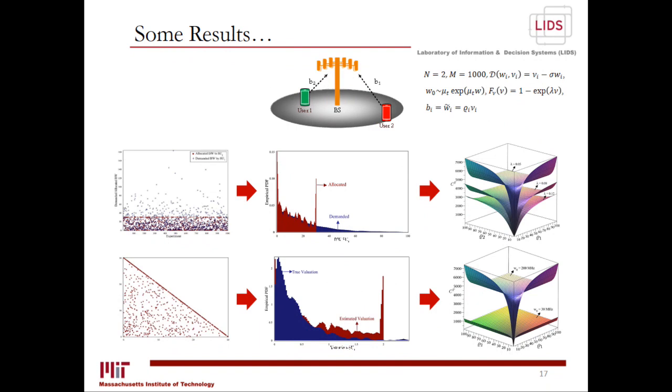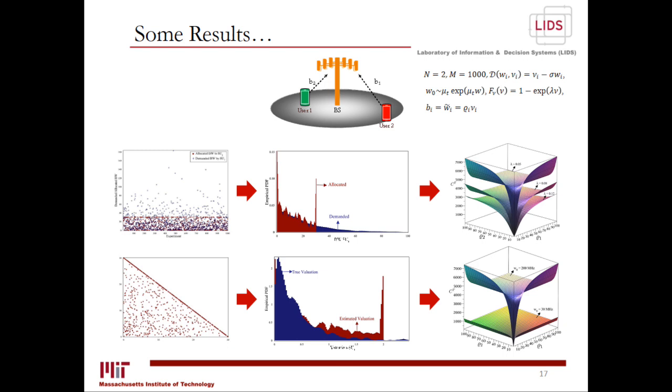These two plots in the middle are the empirical probability density functions of the allocated bandwidths as well as the valuations. The valuations, we assume that we know, but devices don't know each other's valuations. So this is the ground truth, the blue one. And this is the valuations that we estimate. And obviously there is a mass of valuation here because we are assuming that our probability density function for the valuation is bounded, upper bounded and also lower bounded.